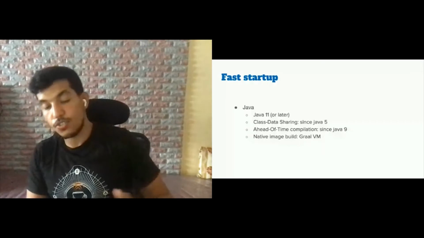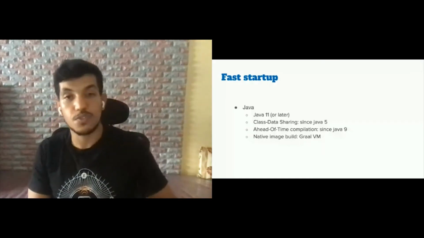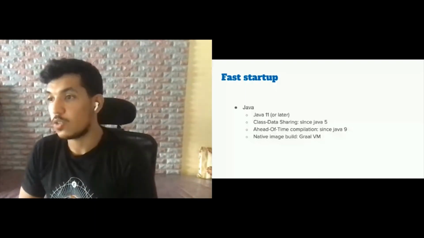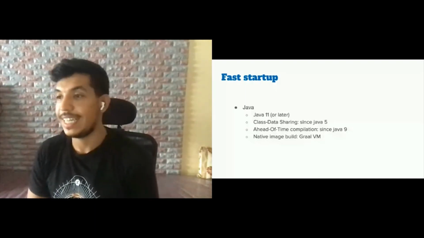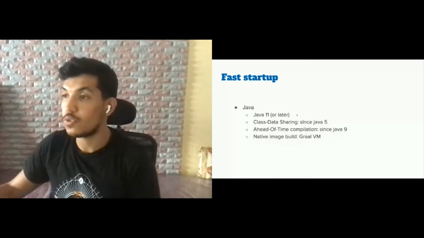Java 11 has faster startup compared to previous LTS versions like Java 8. Other techniques exist as well, like class data sharing, ahead-of-time compilation, and GraalVM. Let's see those in action.